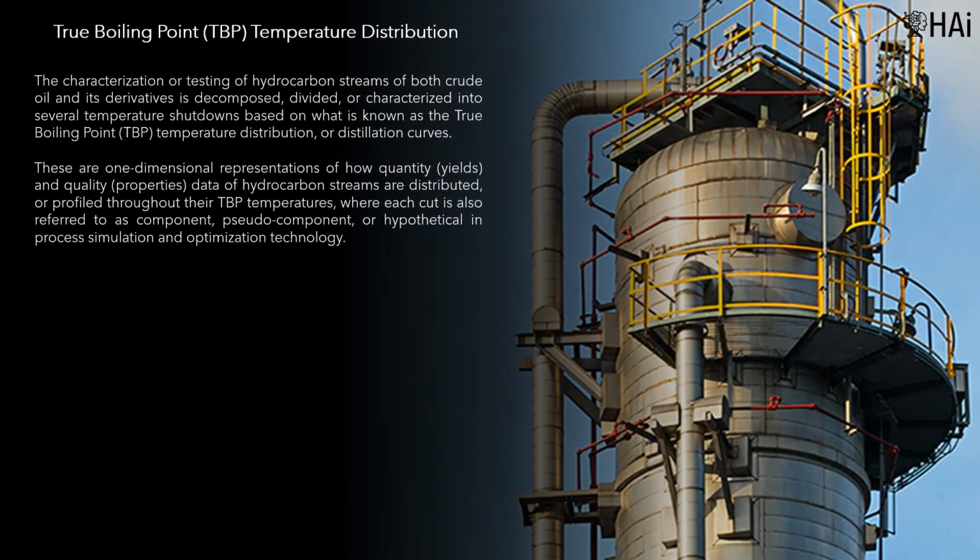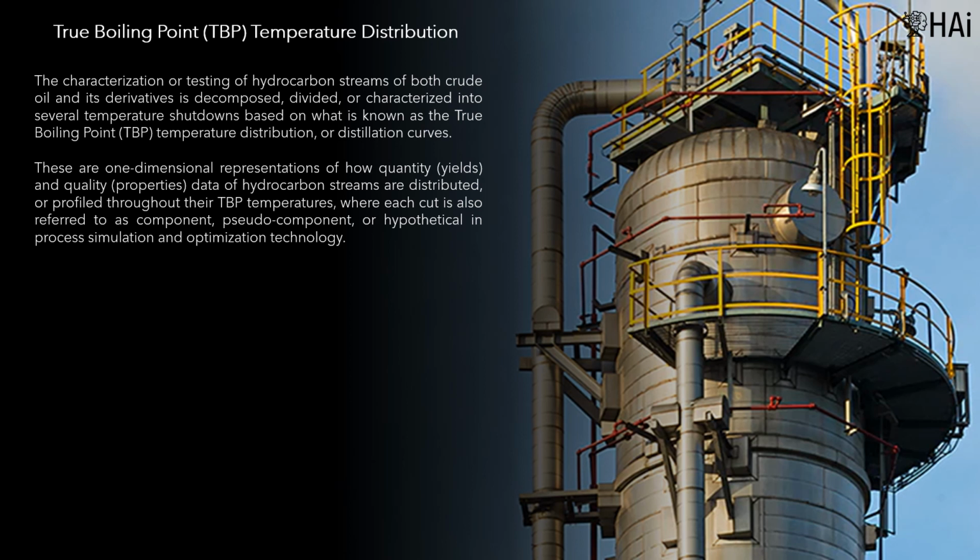The characterization or testing of hydrocarbon streams of both crude oil and its derivatives is decomposed, divided, or characterized into several temperature cuts based on what is known as the true boiling point, TBP, temperature distribution, or distillation curves.